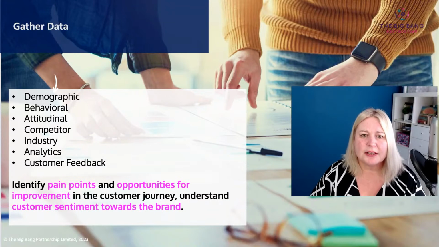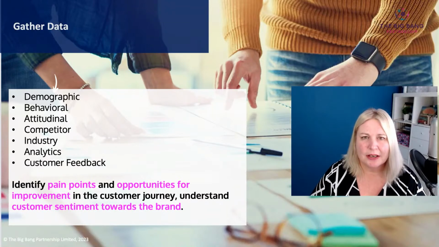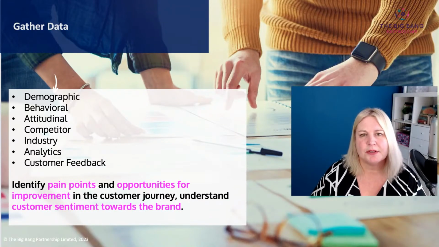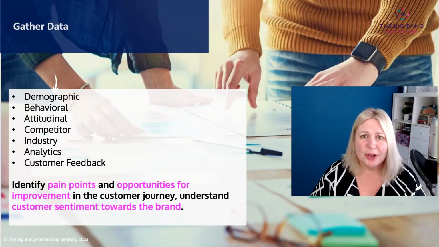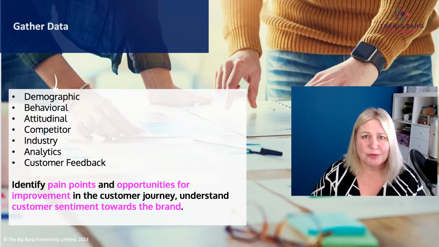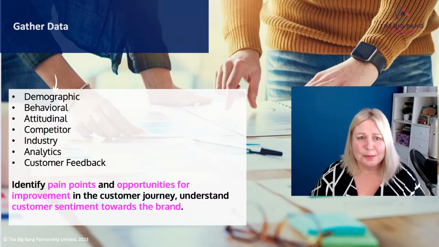Also have a look at what competitor data you can get your hands on as well, and see how well competitors are doing this for that group of customers, and how well they are performing at each of these different stages. Now, where can you get this stuff from? You can actually find a lot of it out through social media, through understanding your customers, by asking them questionnaires, surveys, talking to them, observing them.